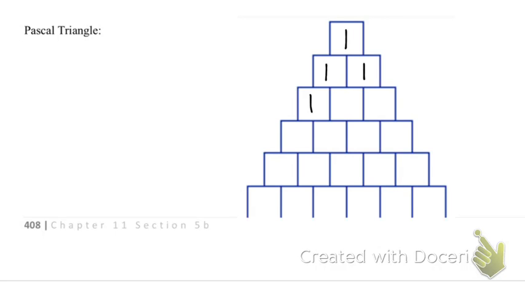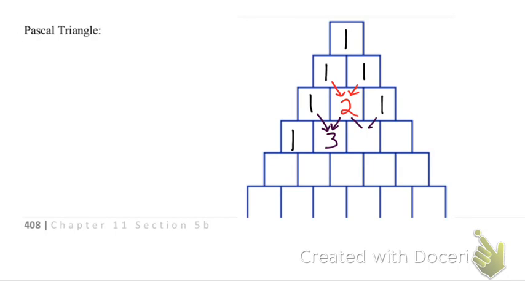Then we're going to notice that if I combine 1 and 1 from up here, this is going to equal 2. Then we have to go back to 1. Then we're going to start with 1. And this time we're going to combine that 1 and that 2 that are right above the next box, and this is going to be 3.